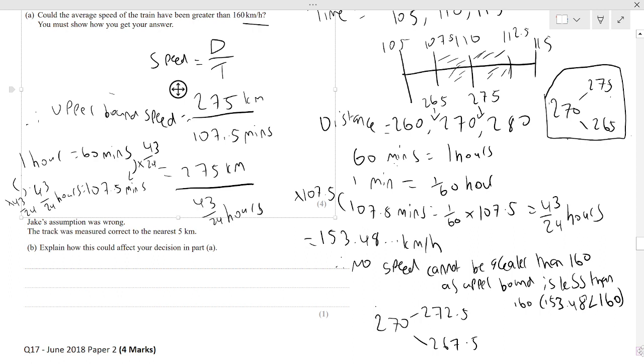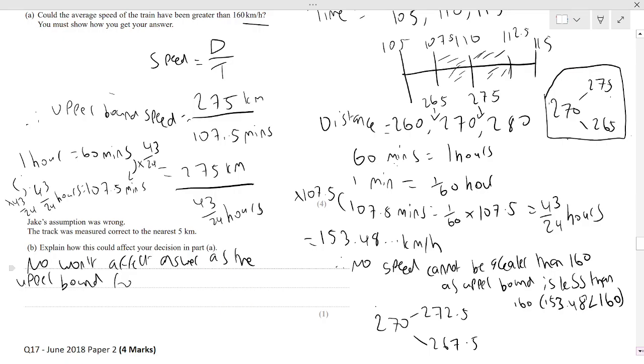So clearly that's not going to affect our answer. So no, it won't affect the answer, as the upper bound for distance, and speed, would be lower.